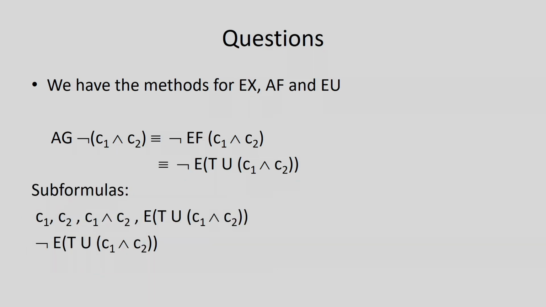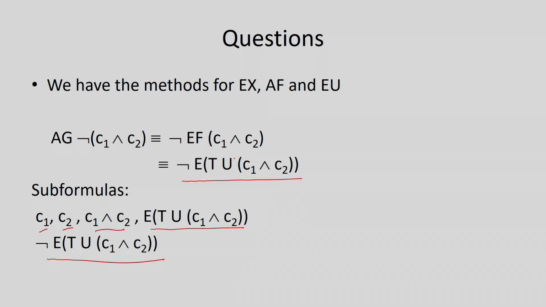Now, for this formula, these are the sub formulas that we have: C1, C2, then C1 and C2, then E true until C1 and C2, and finally not of E true until C1 and C2.